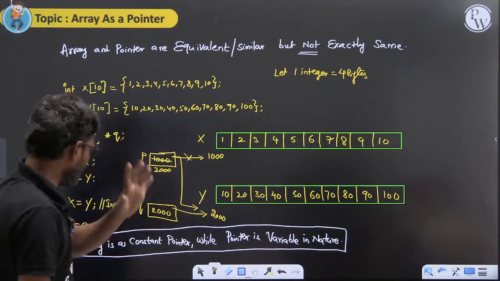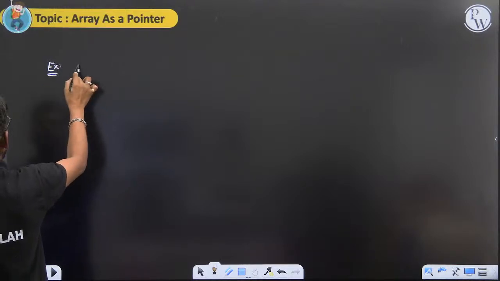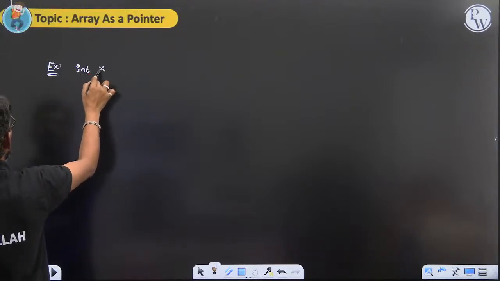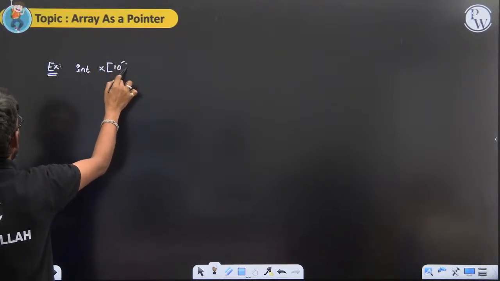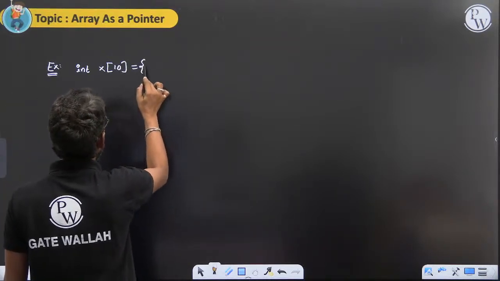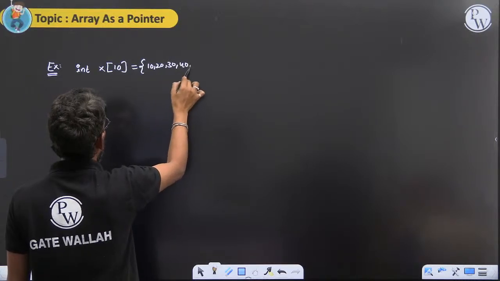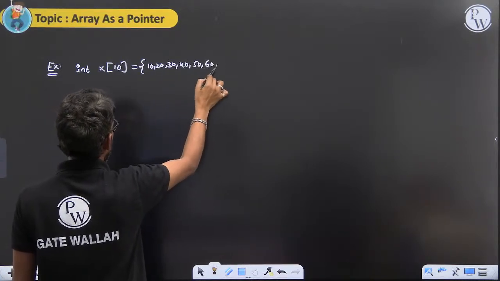And another difference, let us see. int x[10] is equal to 10, 20, 30, 40, and so on to 100.